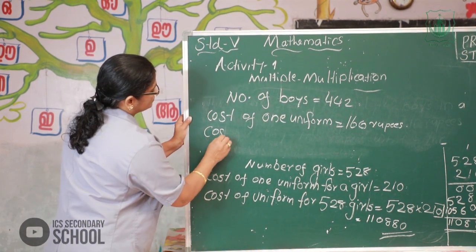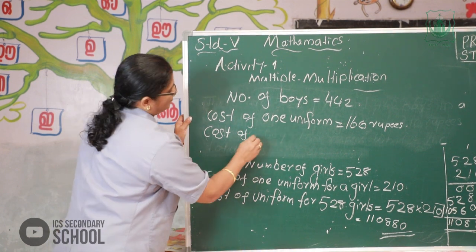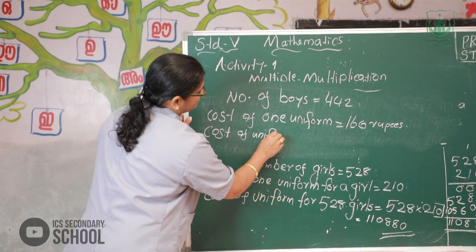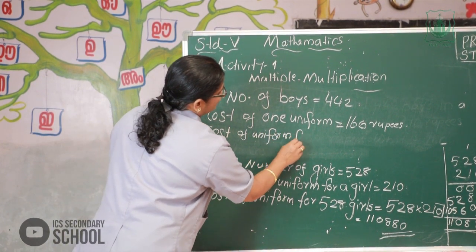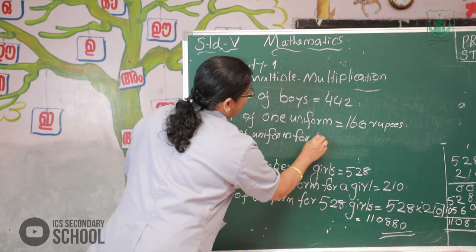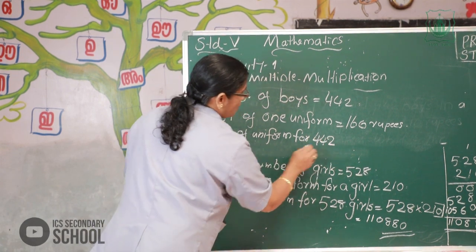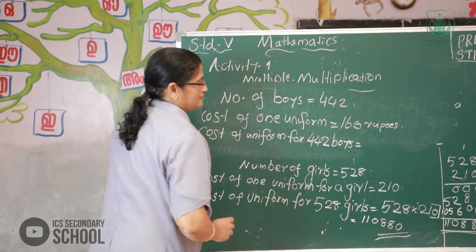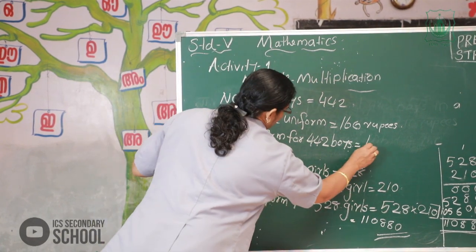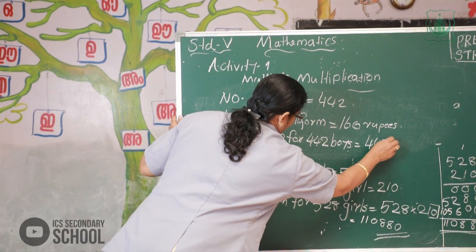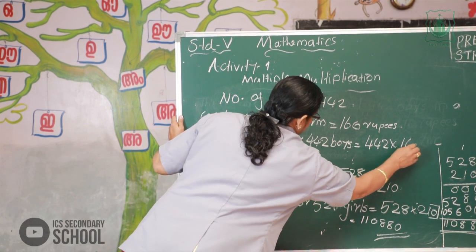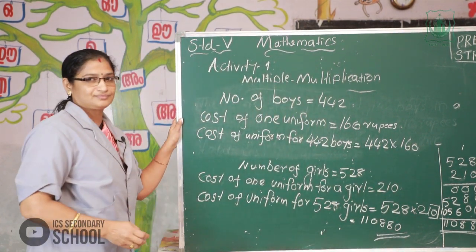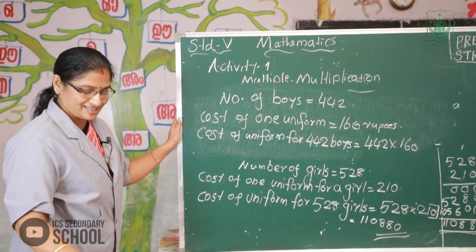Cost of uniform for 442 boys: 442 into 160.